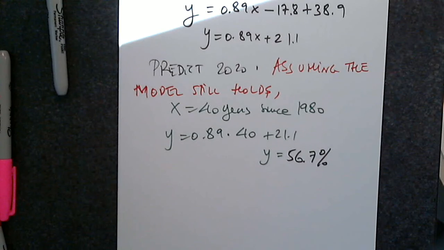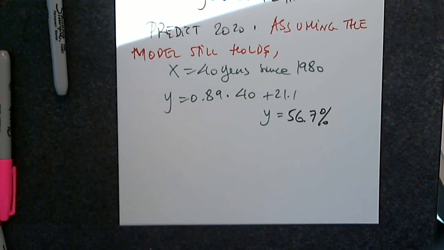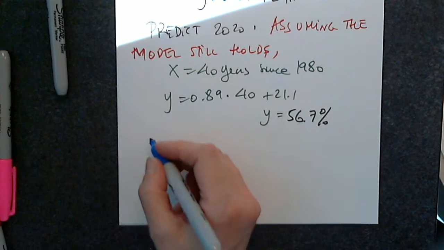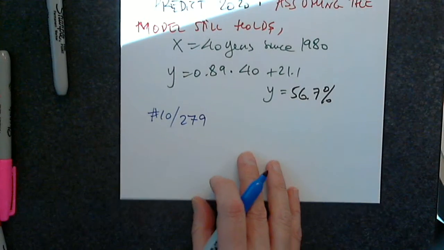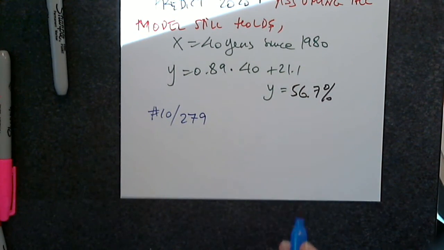Okay, so let's talk about parallel and perpendicular lines. Let's look at a couple of examples. On page 279, problem 10. We are given a line.